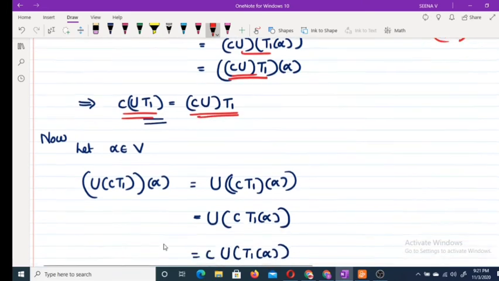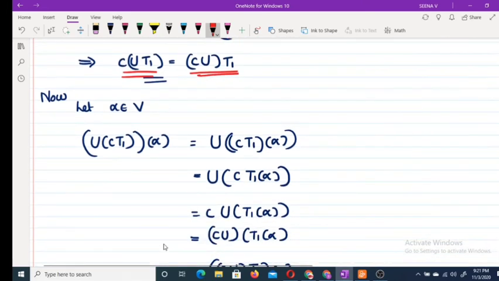Now let alpha belongs to V, and we have to prove the last one. u of (c t1) of alpha is equal to u of c times t1 of alpha.